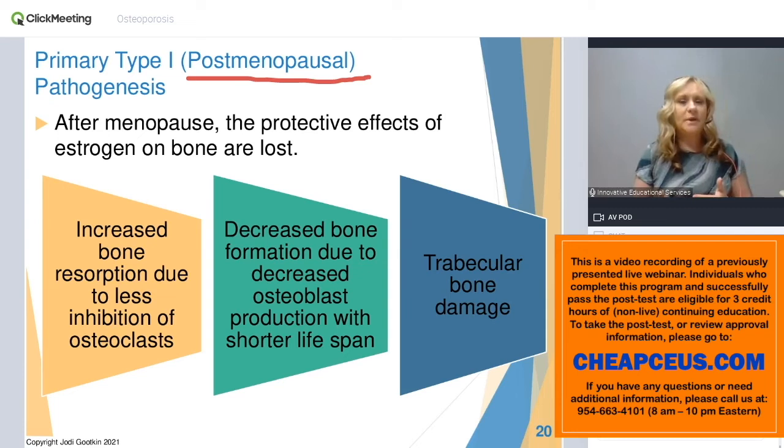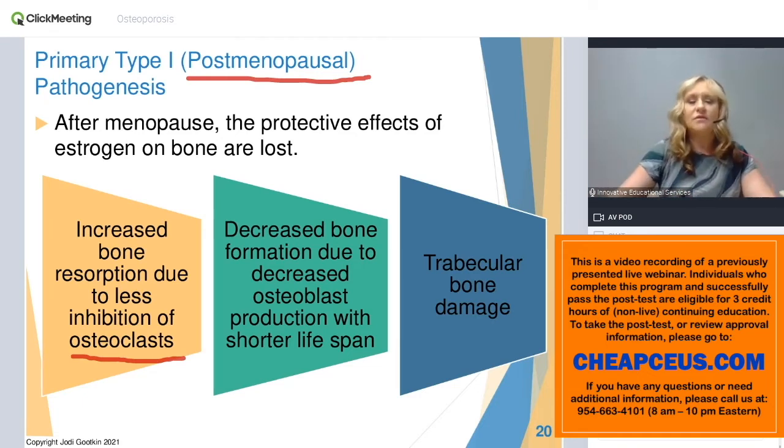When a woman is post-menopause or has that earlier hysterectomy or menopause, that estrogen is not present to shut off those osteoclasts, so they continue to break down that bone. And they've also recognized that the osteoblasts tend to be not as effective, and they don't live as long to function to build up the bone.